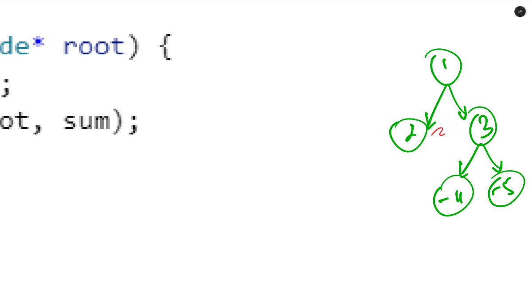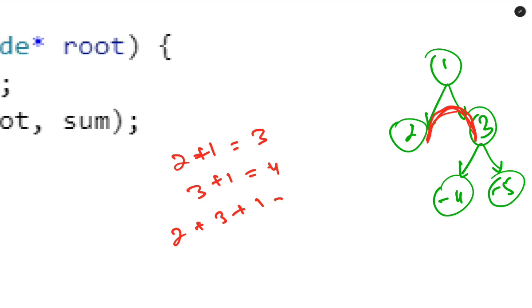The best path which I will be getting is not 2 plus 1, not 3 plus 1, it's 2 plus 3 plus 1, which is 6. Definitely not 2 plus 3 plus 1 minus 4, which will be 2.